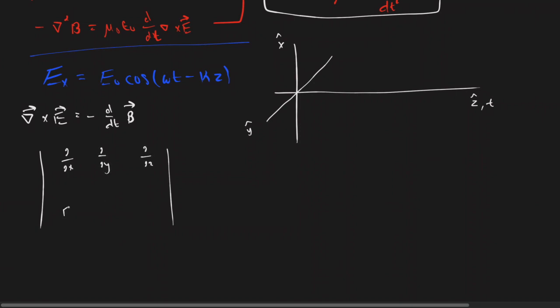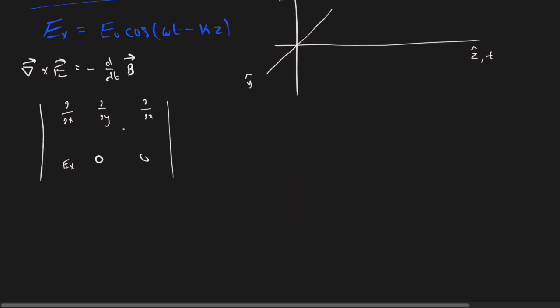We're going to get E x, and the other two components are 0, since there's no oscillation in either of those directions. If you take the determinant, we only get a y hat direction. We get the partial with respect to z of E x, in the y hat direction, which, if you differentiate with respect to z, gives E naught k sine of omega t minus k z.